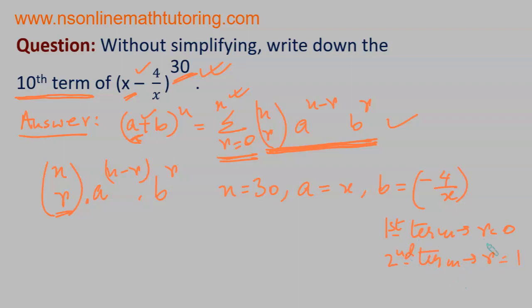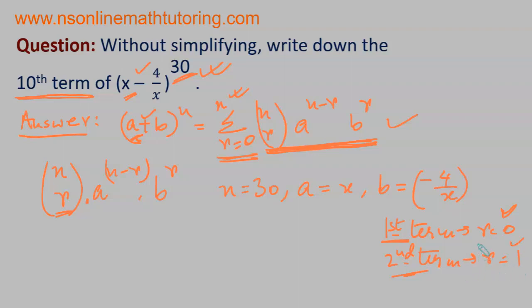So you see, the r value is always 1 less than the term number. First term means the term number is 1. So the r value is 1 minus 1, which is 0. Second term means term number 2. So 2 minus 1 is 1. R is equal to 1.